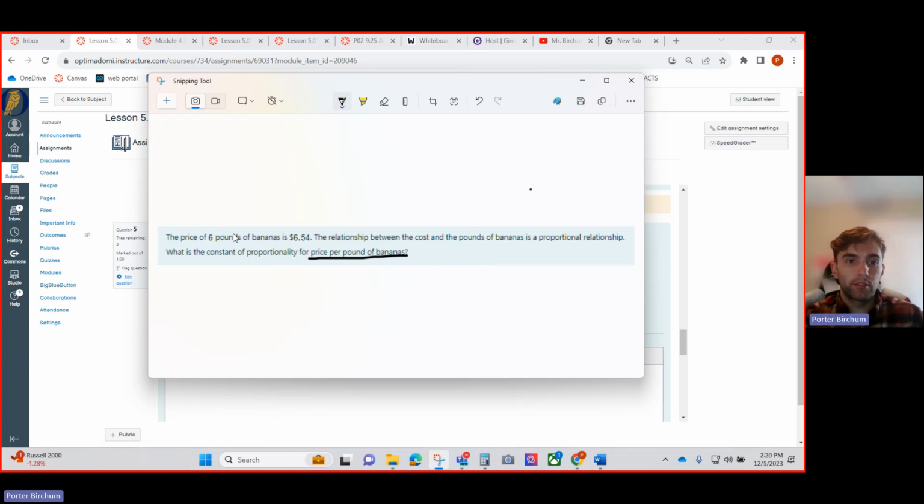So 6 pounds is that much money. To find the constant of proportionality, we can also find the unit rate. They are the same thing. To find the unit rate, we can look at this special phrase right here, price per pound.